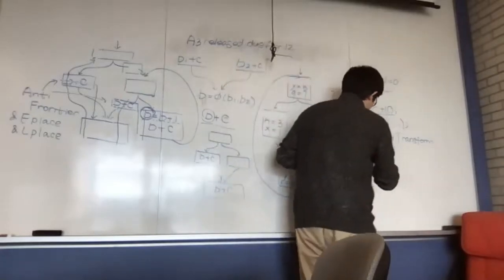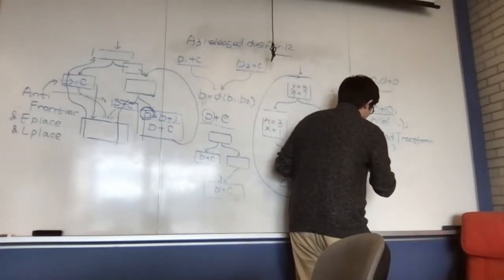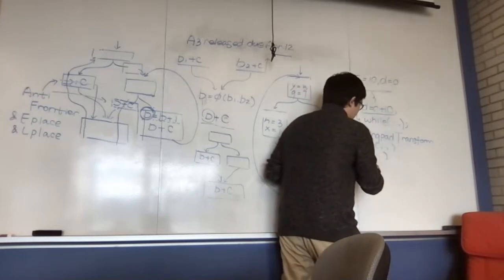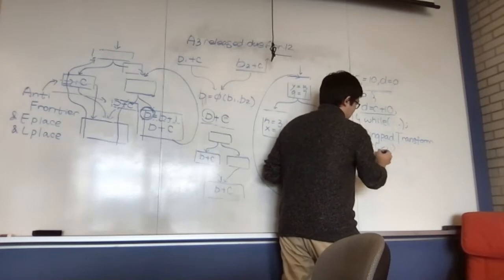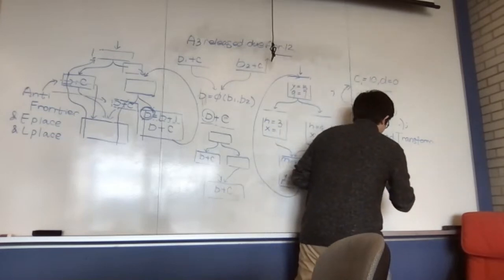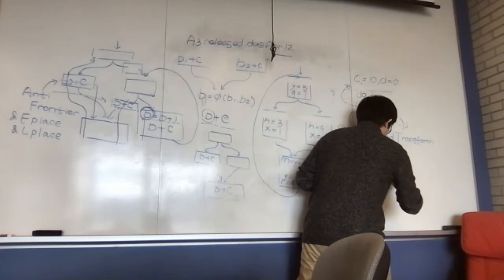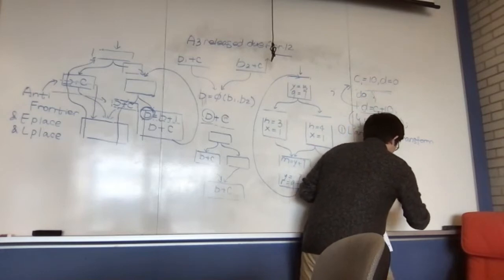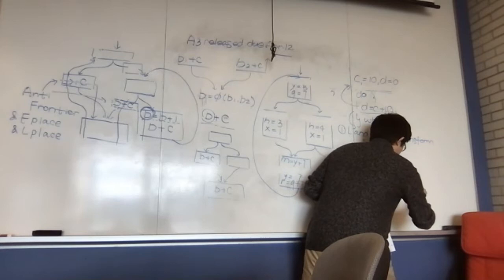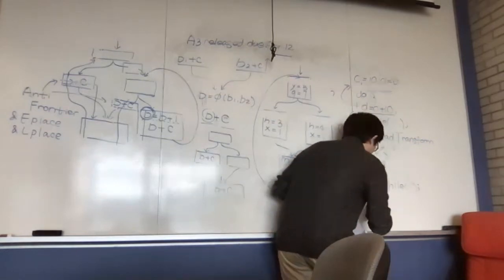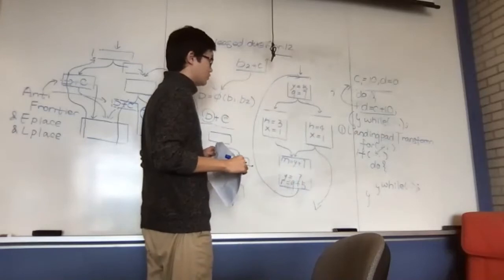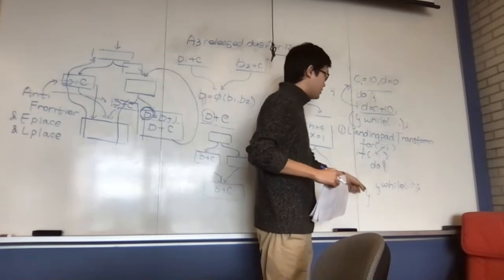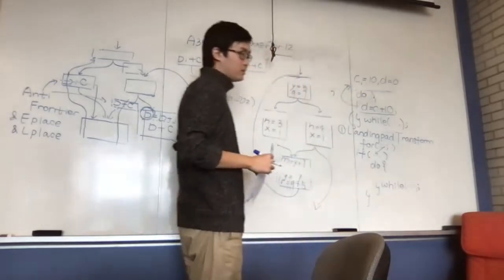The idea is that you transform the for loop into something like if blah, blah, blah. This condition is exactly the same as the condition here. And then you have a do while loop, because after this condition check, the loop body will always be guaranteed to execute at least once.